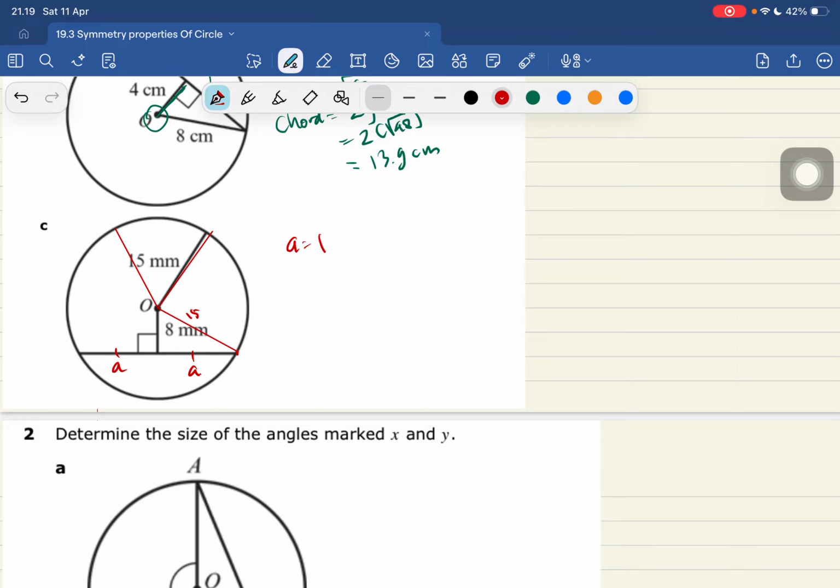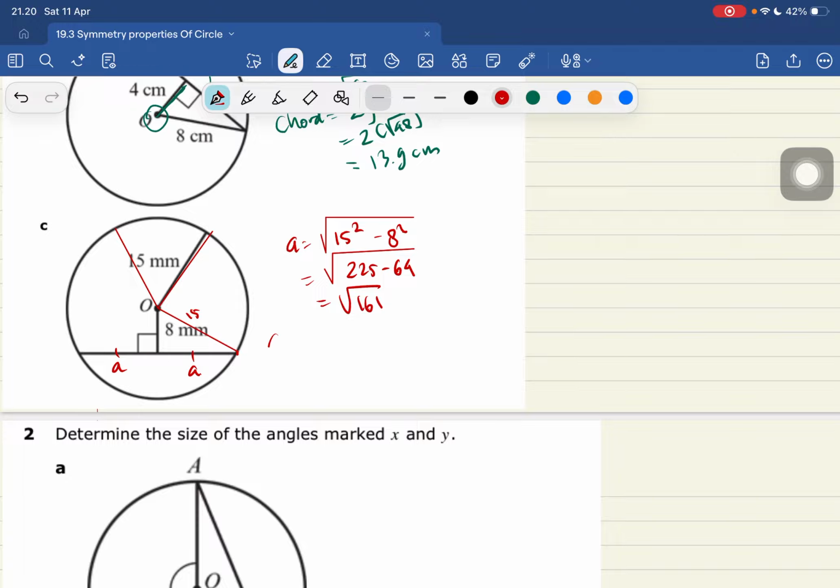So a equals the square root of 15 squared minus 8 squared. So 15 squared is 225 minus 64. So here is the square root of 161.